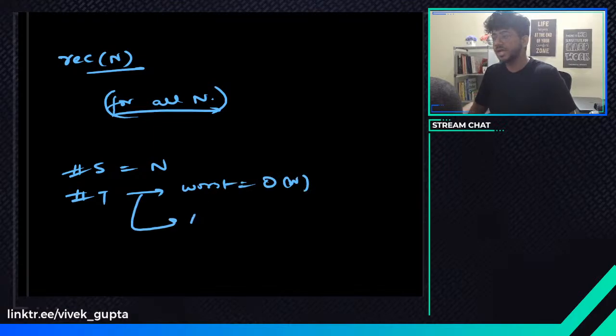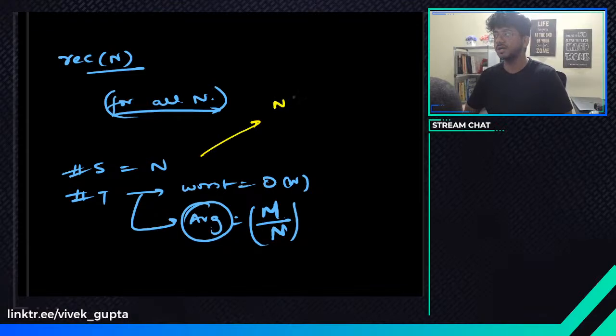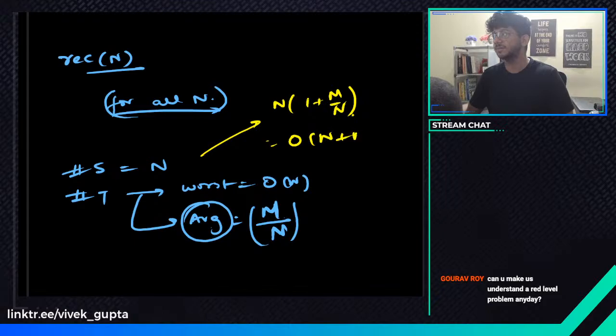But on average, it is going to be the number of edges divided by n, because you are looping over the degrees and each edge can be only in one of the nodes. So m by n. That's why you have to use the average number of transitions in each state. Over here we plug in the formula n into 1 plus m by n, which gives you order n plus m.